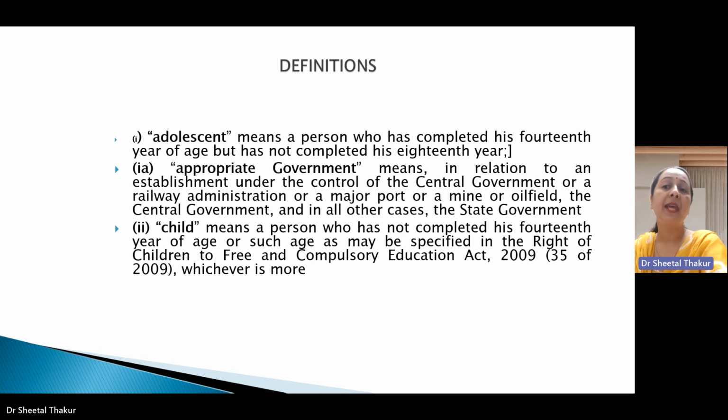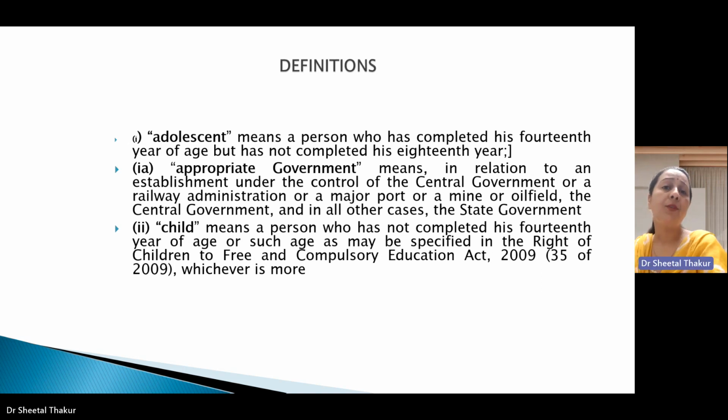After that, they have defined the meaning of child under the provisions of this act. According to this act, a child means a person who has not completed the age of 14 years.